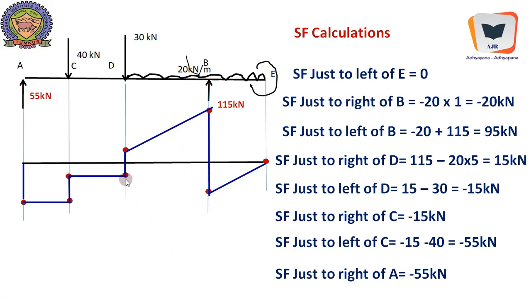Right, here there are various points where shear force is becoming zero. They need not be located because they happen to be falling under very important points. D is located already and the support point is already located. So the values are mounted now: minus 20, 95, minus 15, plus 15, minus 55 and minus 55.